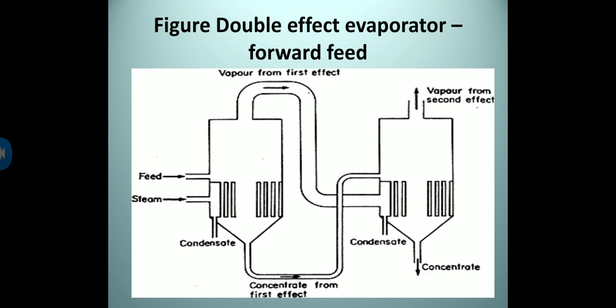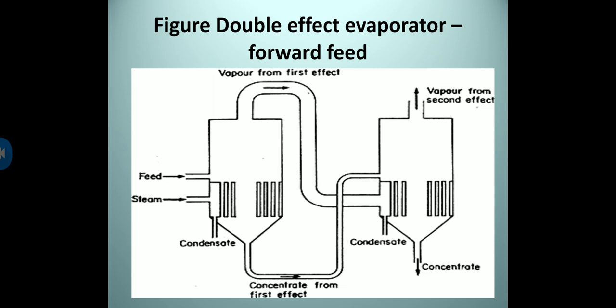Considering two evaporators, they are connected so that the vapor line from one is connected to the steam chest of the other, as you are seeing in this diagram, making up a 2 effect evaporator, which is called a double effect evaporator with forward feed.